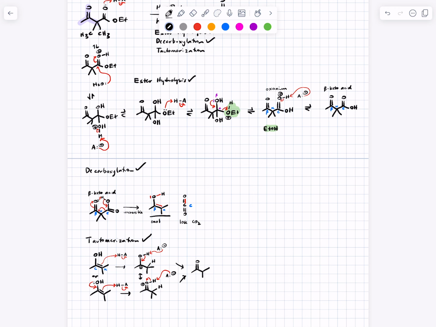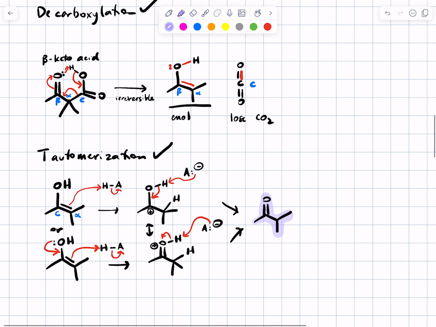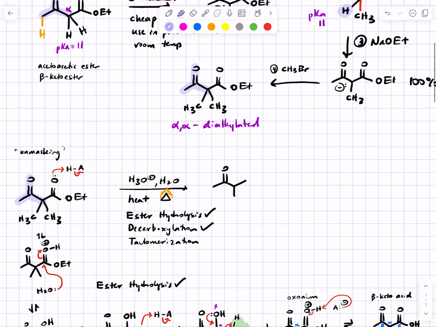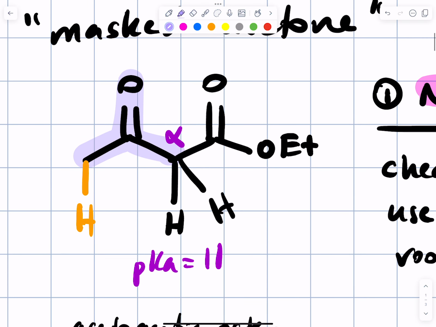All right, so this now is going to push you on your thinking backwards synthetic skills, because you need to look at something like this and say, I could have made that from this starting material, which looks nothing like it.